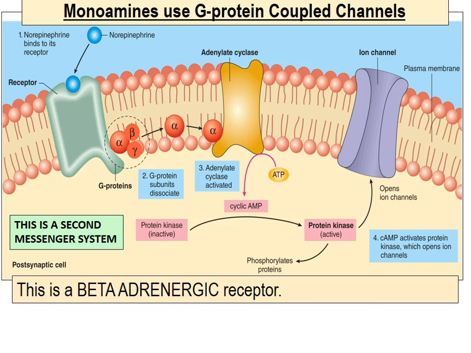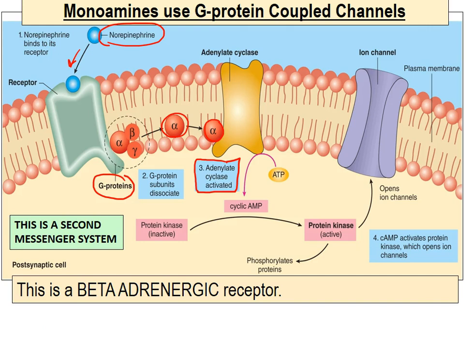In this slide, norepinephrine binds to its receptor, and the receptor is associated with G proteins. The binding causes the dissociation of the alpha subunit, which travels through the cell membrane and binds to the enzyme adenylate cyclase and activates it.